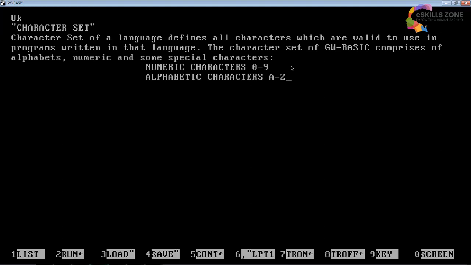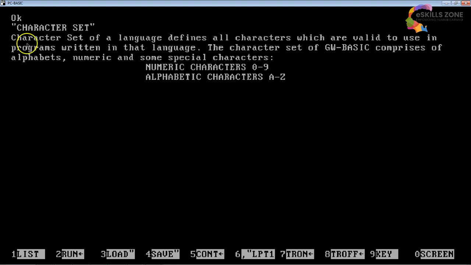And some special key characters are also available, like percentage sign, dollar sign, question mark, slash, forward slash, brackets, commas, punctuation. All these characters are called special characters.